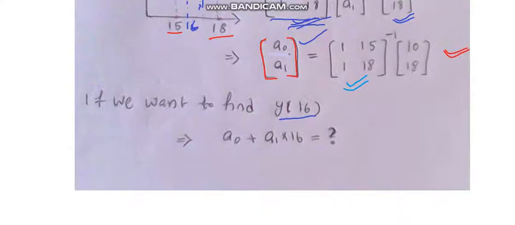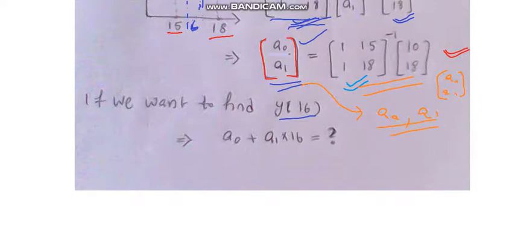So from this we will get a0 and a1. After calculating this, we will be getting a column matrix like this, with a0 here and a1 here. So we can calculate a0 and a1.